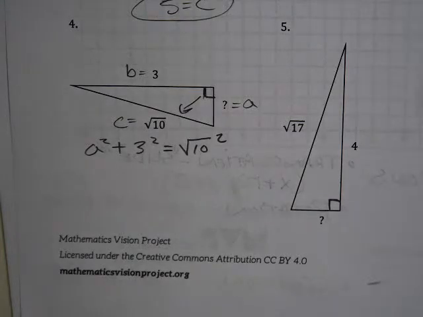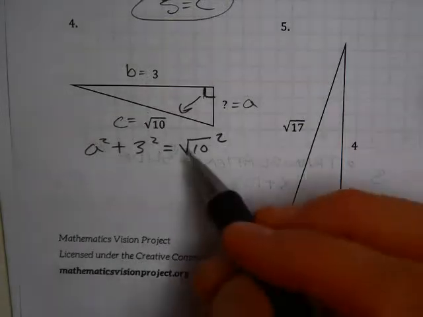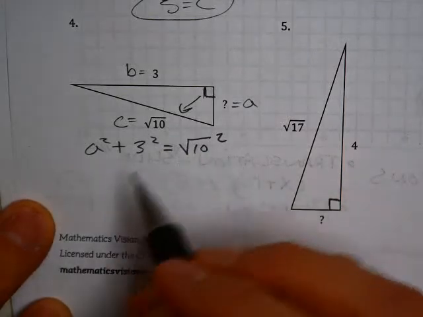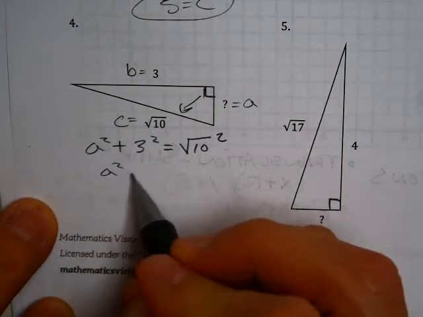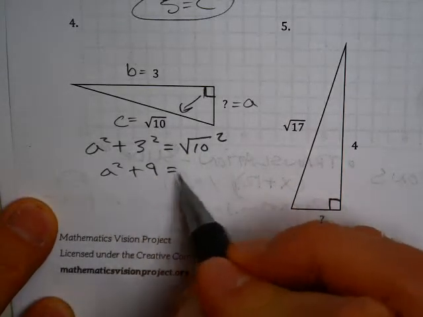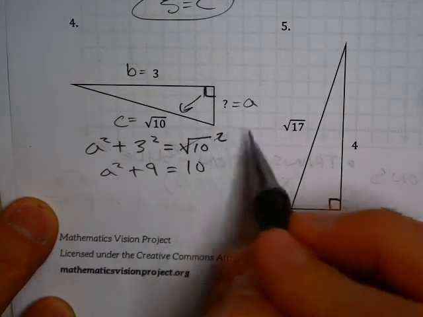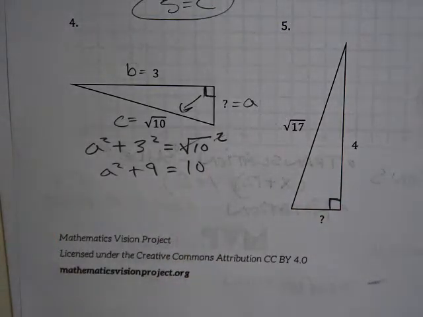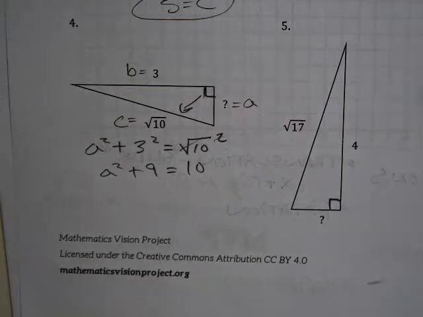And what happens when I square a square root? It cancels. That's right. So what do I have left over here? Just 10, right. So this is A squared plus 9 equals 10, because these guys cancel. So don't be afraid of those square roots. There's no reason to be afraid of them. They're going to cancel when you square the value.